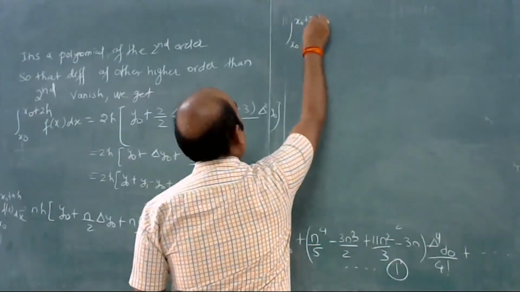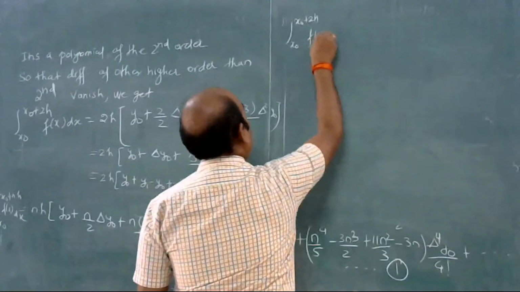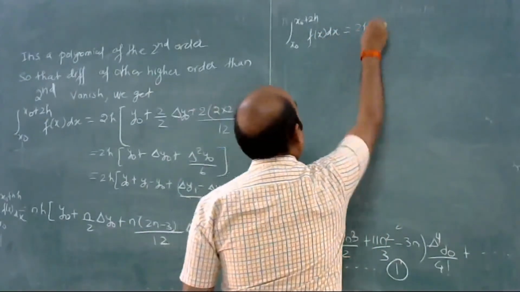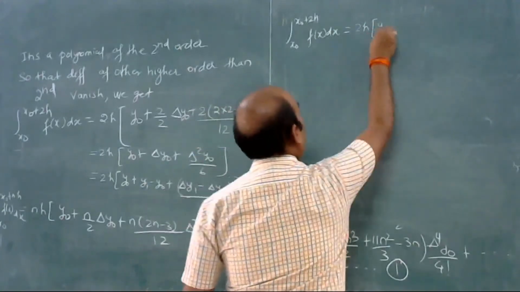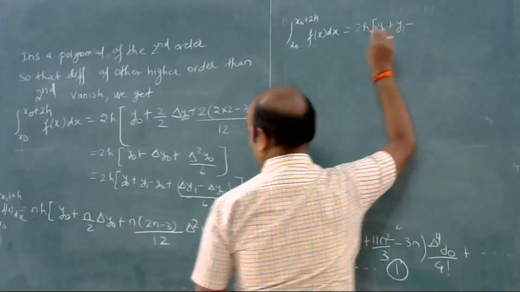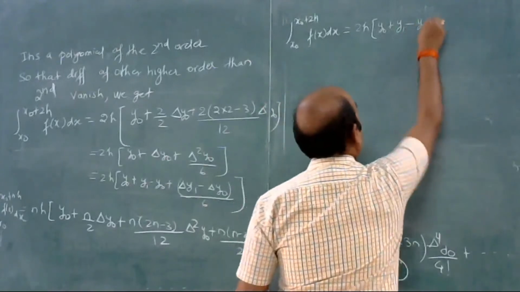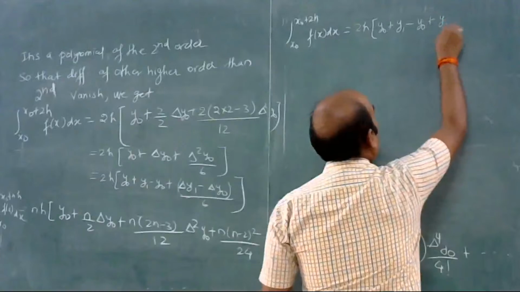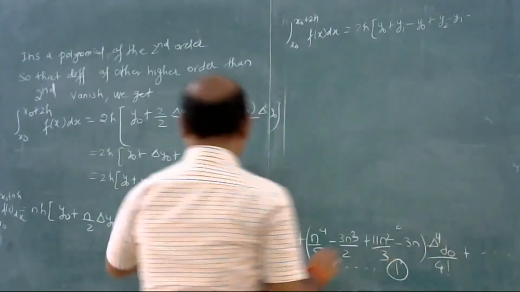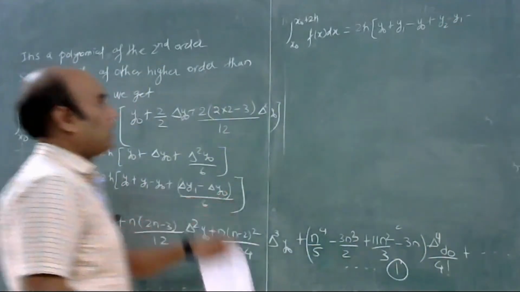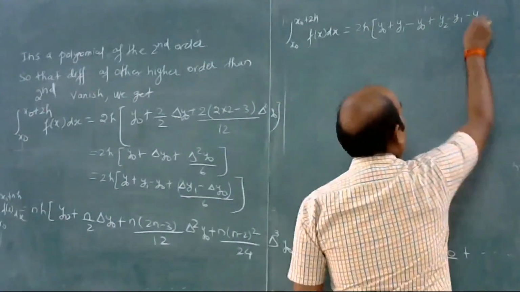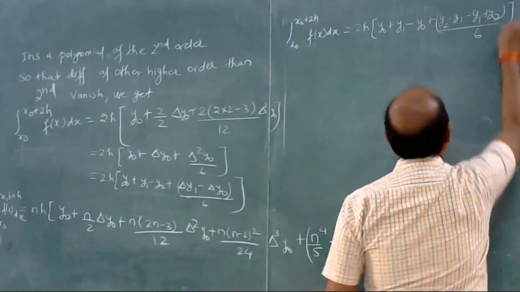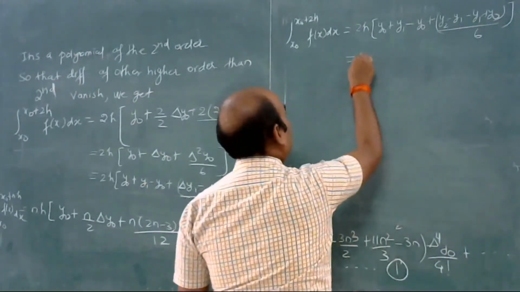So the integral from x0 to x0 plus 2h of f of x dx is equal to 2h times y0 plus (y1 minus y0) plus delta y1, which is y2 minus y1, minus delta y0, which is y1 minus y0, whole divided by 6. Okay. So this is 2h.